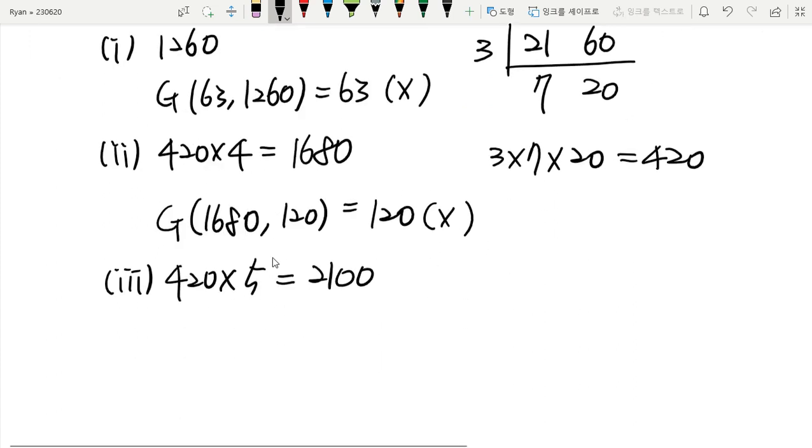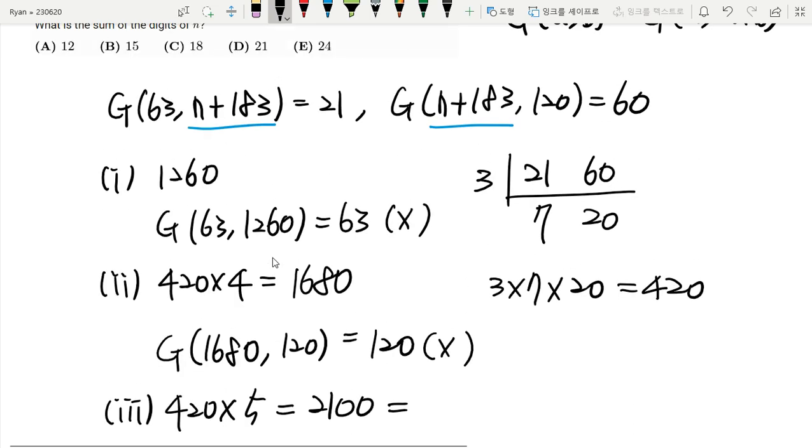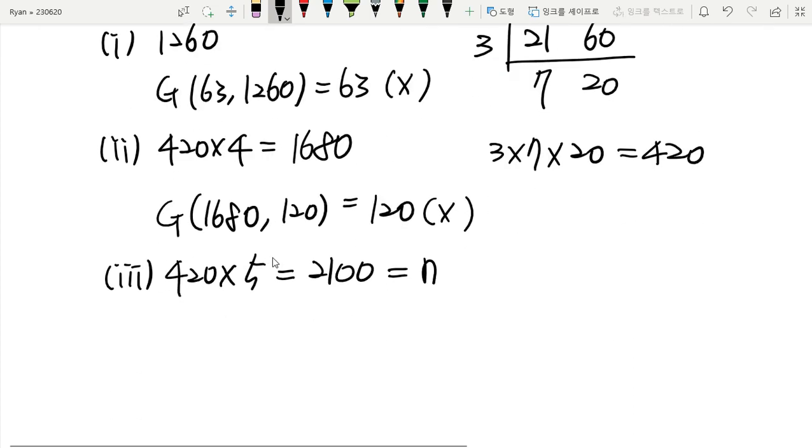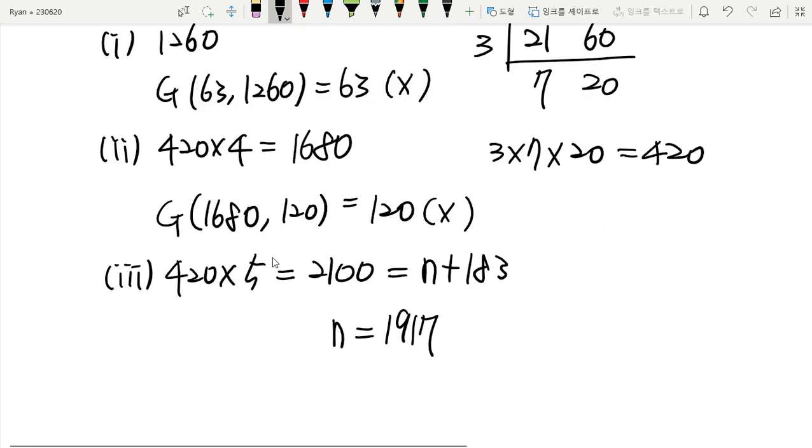So now this is the number we want, and that's equal to n plus 183. So what's the value of n? Yeah, 17. And then finally, what's the sum of the digits in 1917?